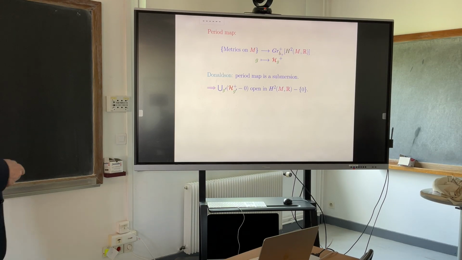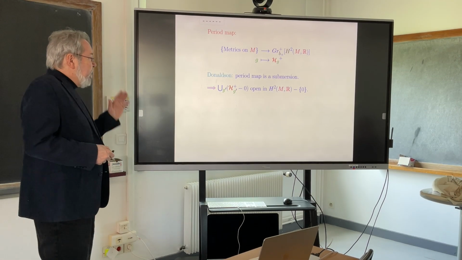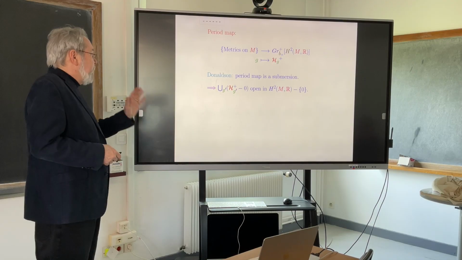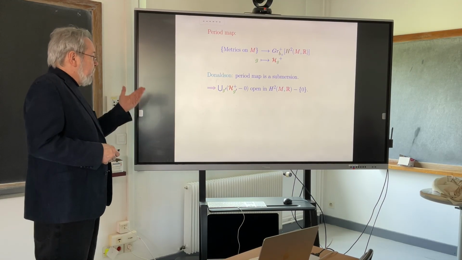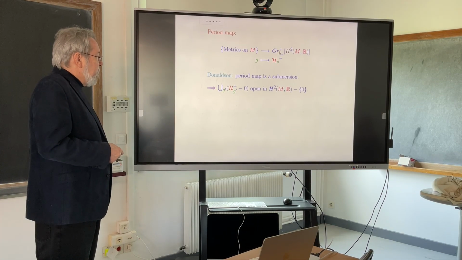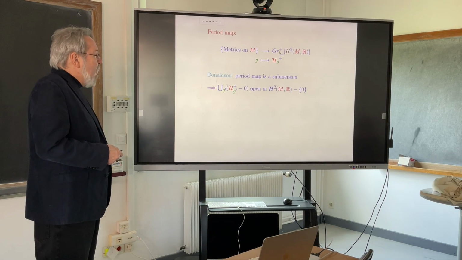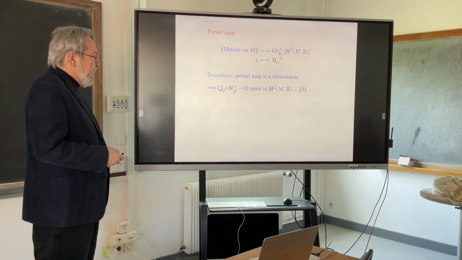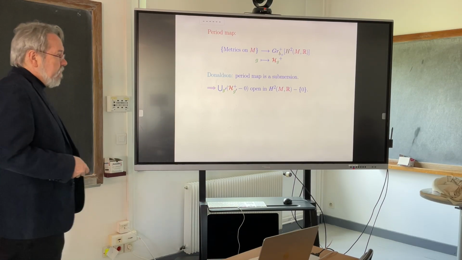So a little corollary of this is that if you look among all metrics on your manifold, and for each metric take the self-dual subspace minus 0, and now take the union over all metrics, that's an open set in H2(M;R) minus 0.